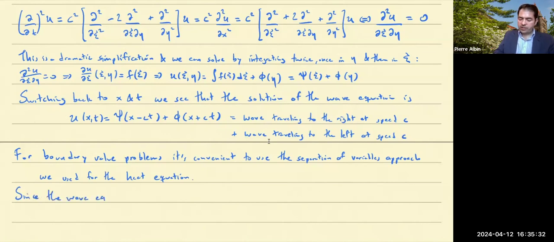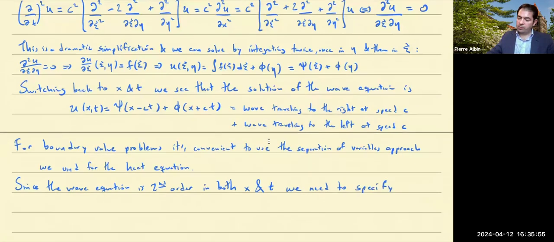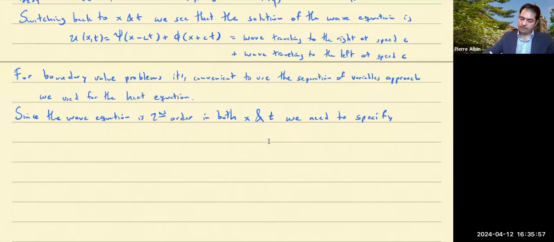Since the wave equation is second order in both x and t, we need to specify two boundary conditions.